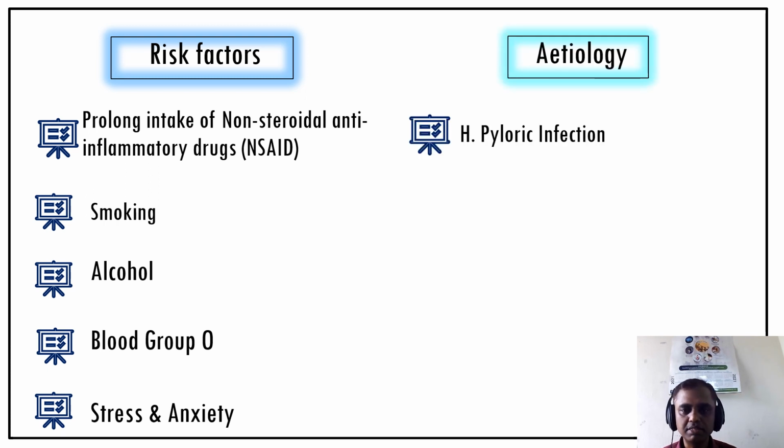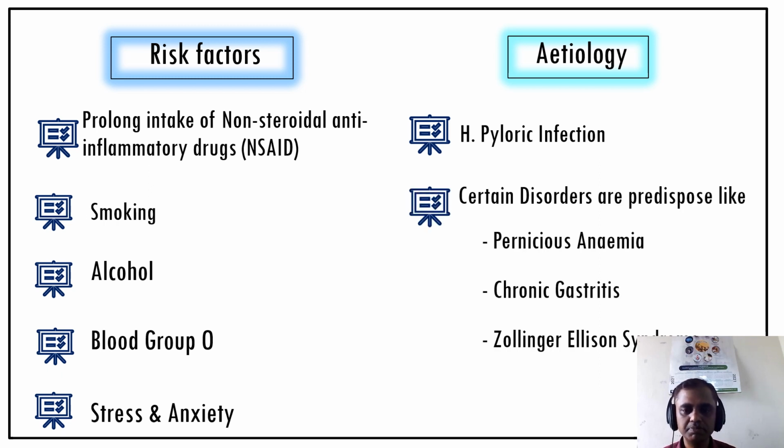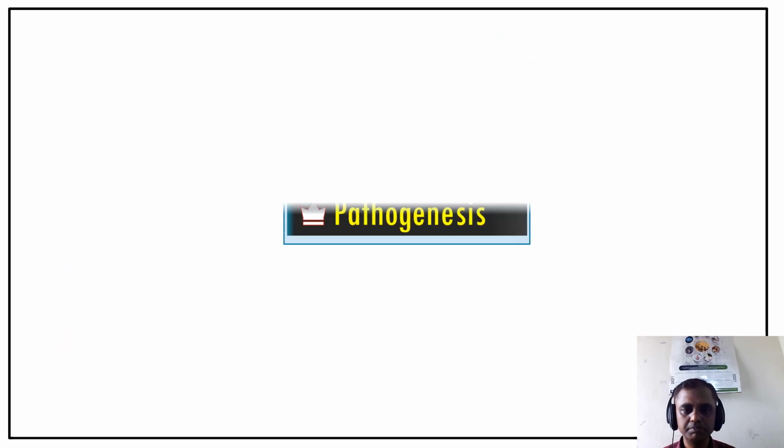Some of the causes are H. pylori infection; 80 to 90% of peptic ulcer patients suffer from H. pylori infection. Certain disorders are predisposing, like pernicious anemia, chronic gastritis and Zollinger-Ellison syndrome. All these are some of the causes in the etiology of peptic ulcer.